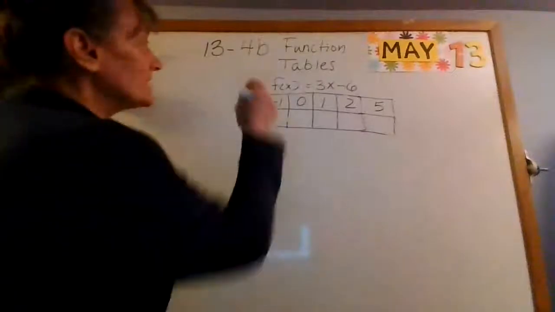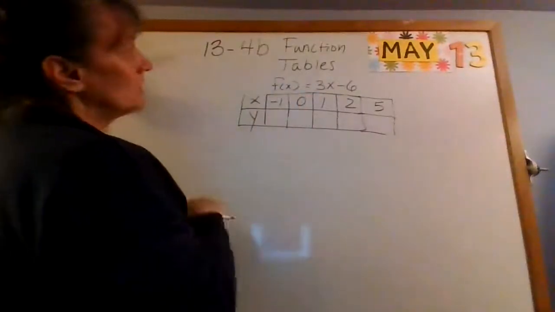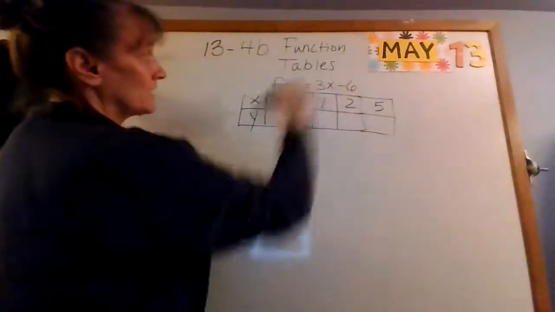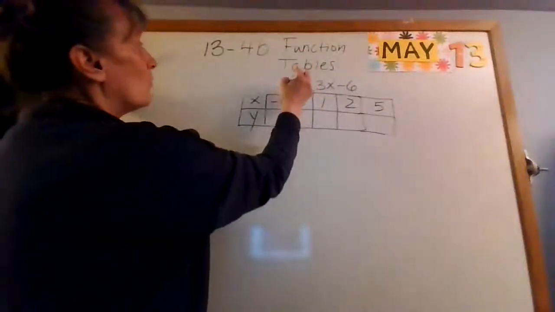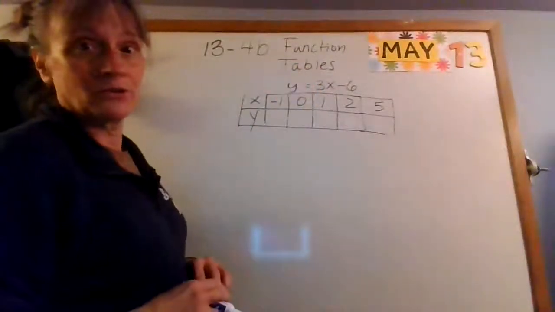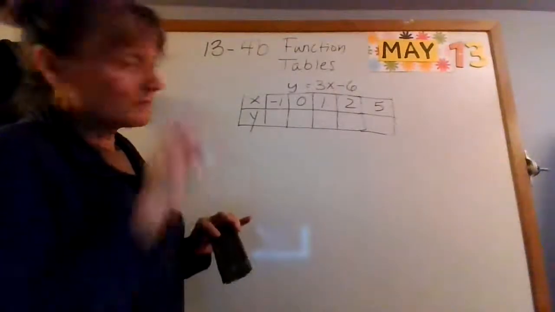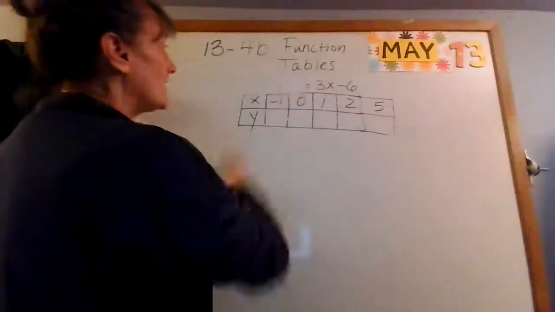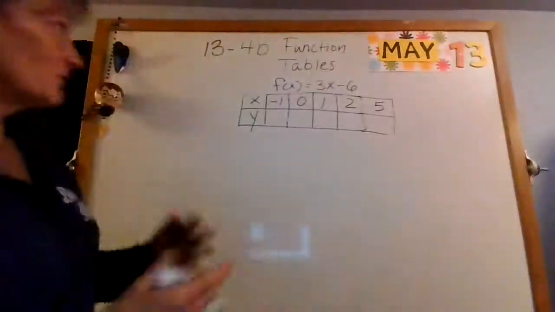So when you see function tables, you'll see them written one of two ways. You'll see f of x equals, and then your function rule, 3x minus 6. Or you'll see y equals 3x minus 6. Exact same thing, okay? So it doesn't matter if your book has y and something else has f of x, or vice versa.